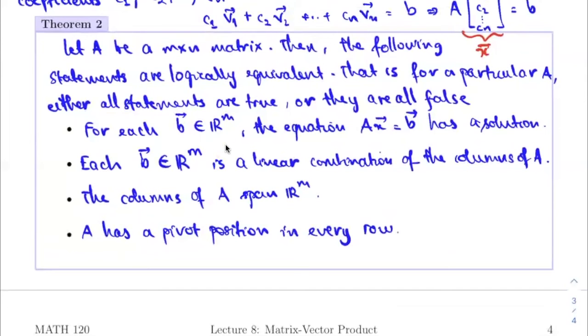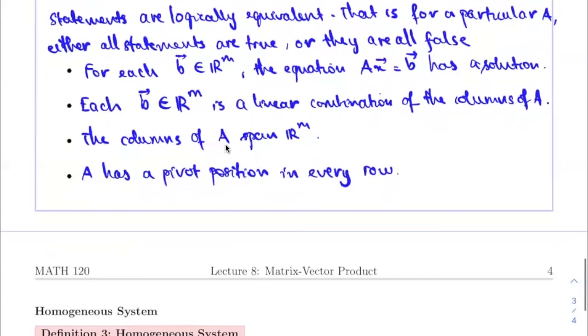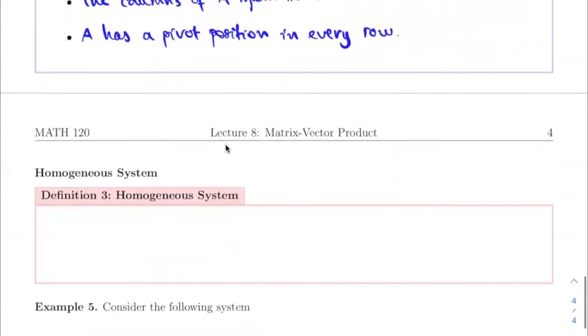But we're going to move on to the next definition, where we want to look at the homogeneous system. The homogeneous system occurs when the right-hand side of the system is all zero, or the constant vector is a zero vector.